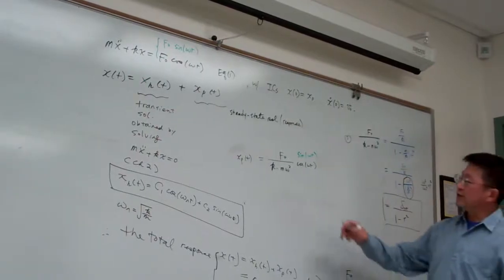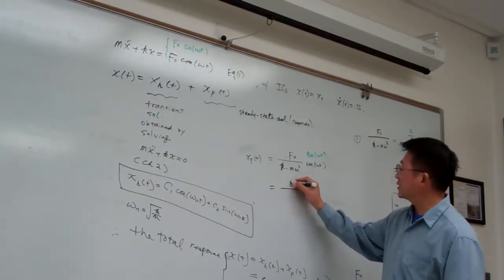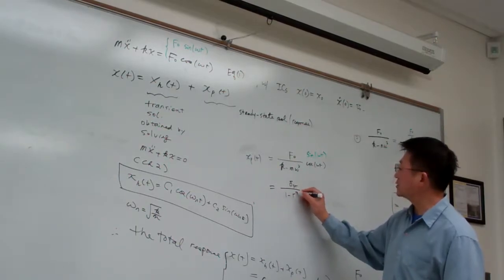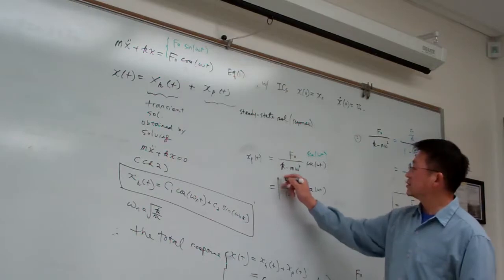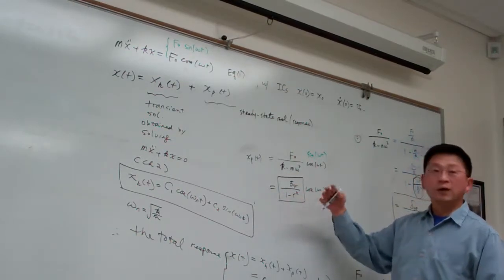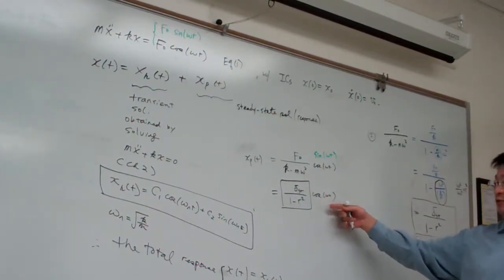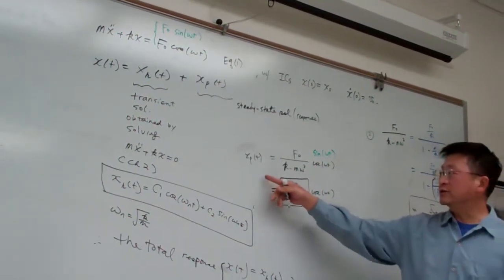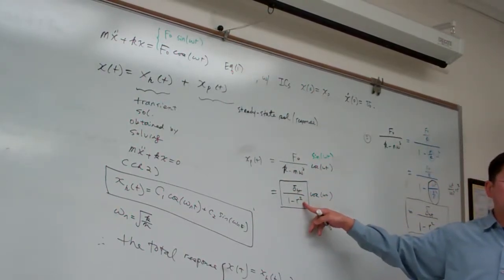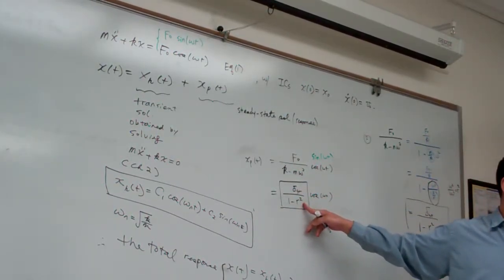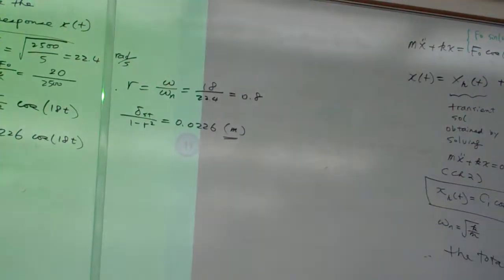If you remember, that is coming from this one, also expressed by delta st over 1 minus r squared cosine omega t or sine omega t. So this is the magnitude, the amplitude of the steady state response. This amplitude pertains to x, so that is the reason why this term has the same unit of length. Okay, so here I put the unit here.